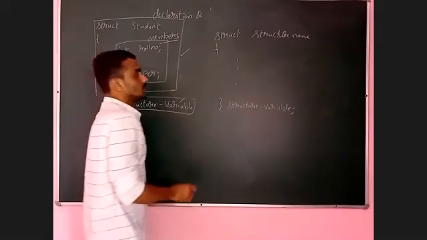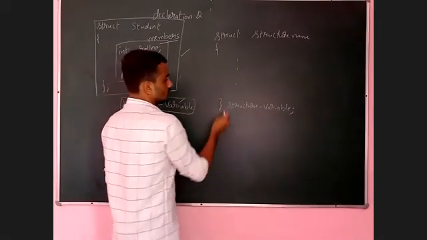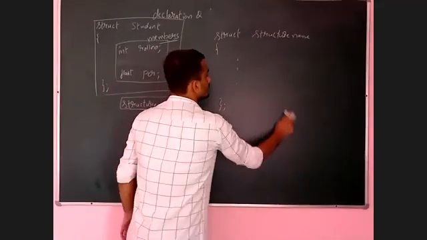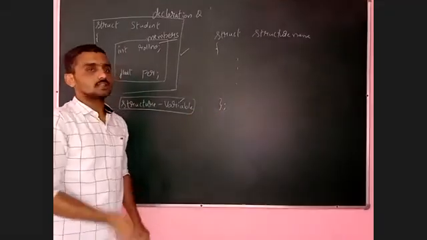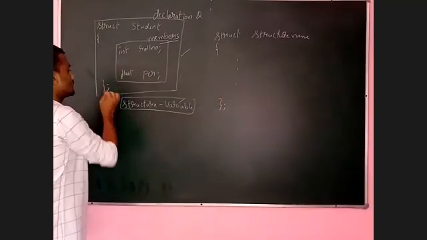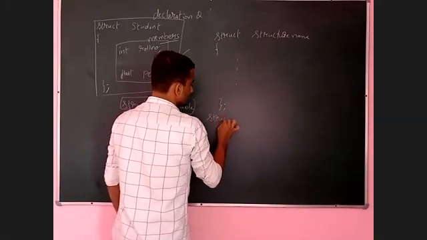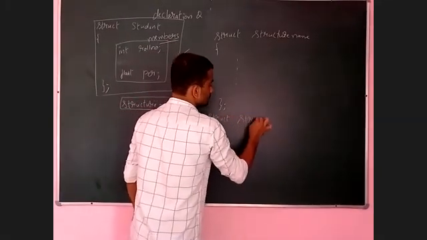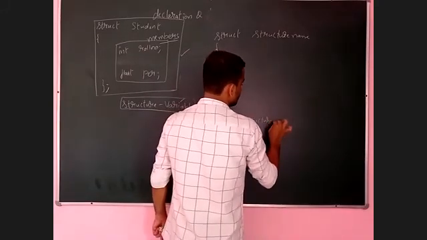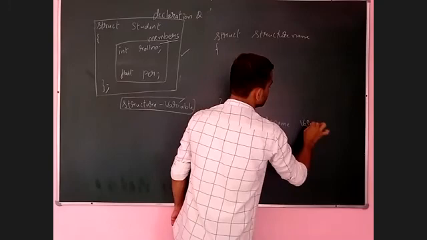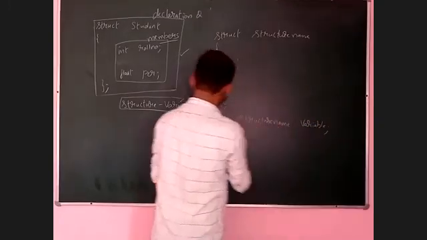Another way is, if you put the semicolon without writing the structure variable, then after writing the structure declaration, as in this example, you can write like this: structure name, then variable. This is called a structure variable. In this way also you can write it.